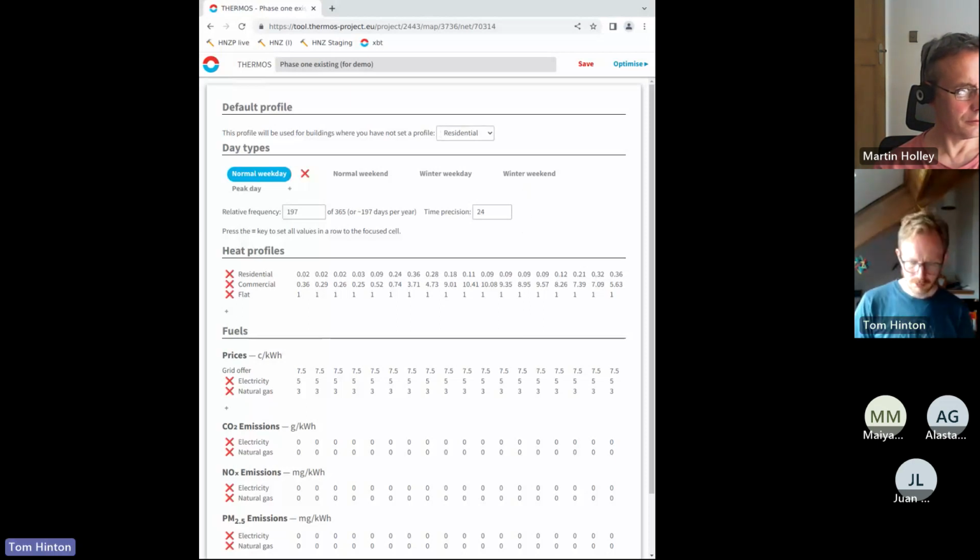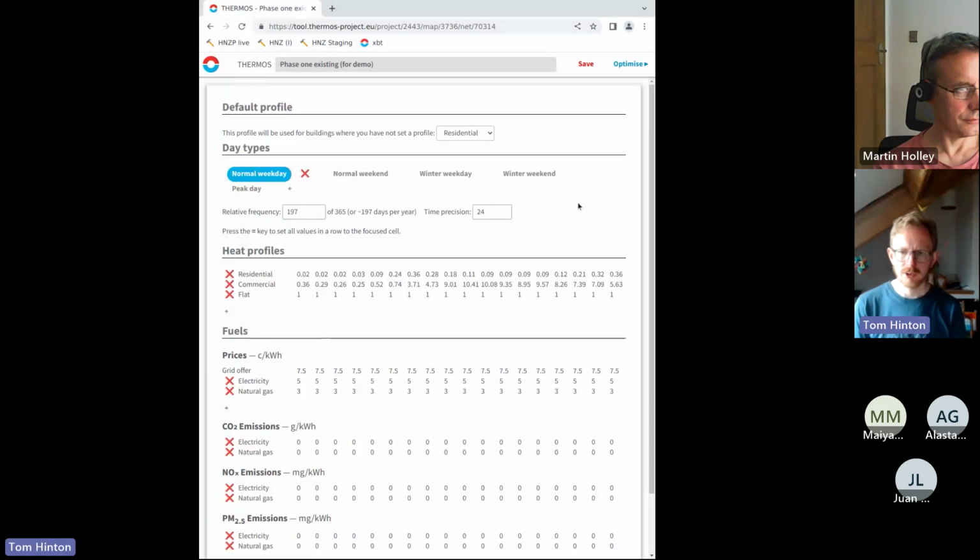It doesn't represent every single time unit in the year, because that ends up being a lot of data to produce, and then a lot of decisions for the model to make, because ultimately it's making operational decisions about what output you should get from different parts of your energy center in all of the time periods in the year. So the year is instead represented as these characteristic days, which have a certain frequency in the year.